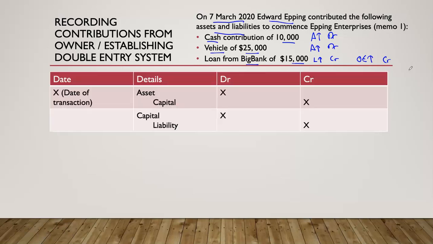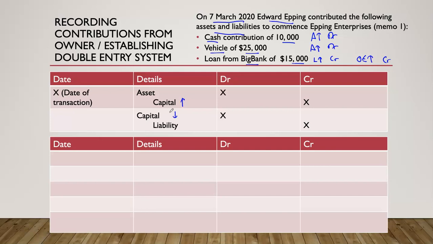So if you do that, and we look at the difference, we can start to work out our general journal. We know that we have a template. If an asset is being increased, we're going to write the asset and recognize that it is increasing our capital. And we know that liabilities are going to decrease our capital. So in this case, on the 7th of March, we're going to list the assets first that have been contributed. Our cash at bank of $10,000.